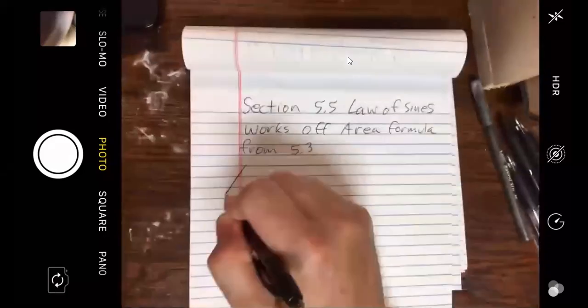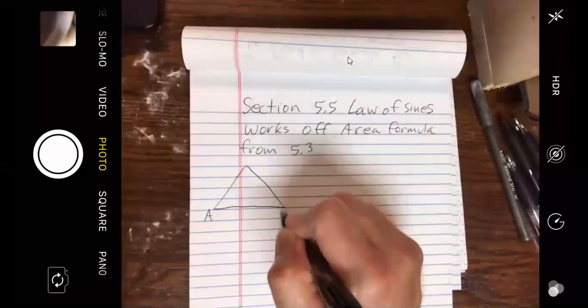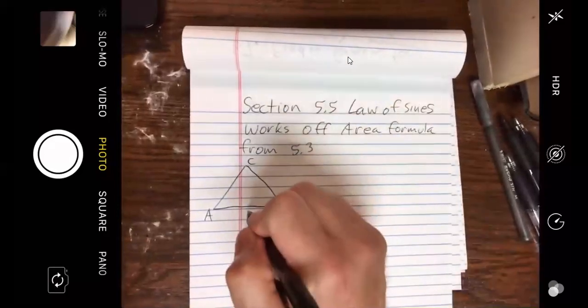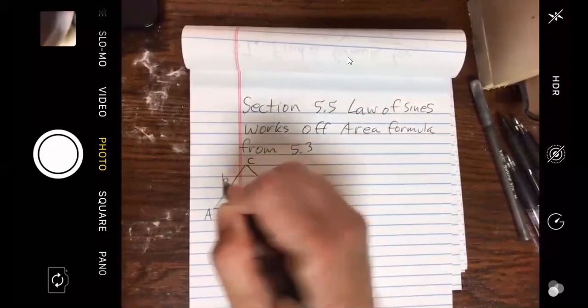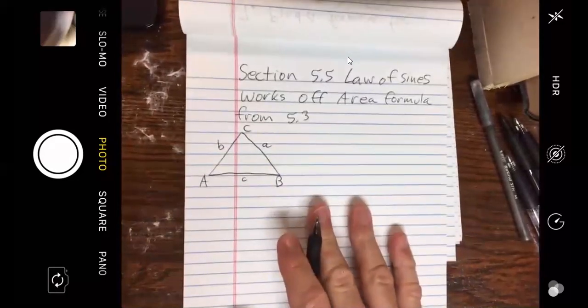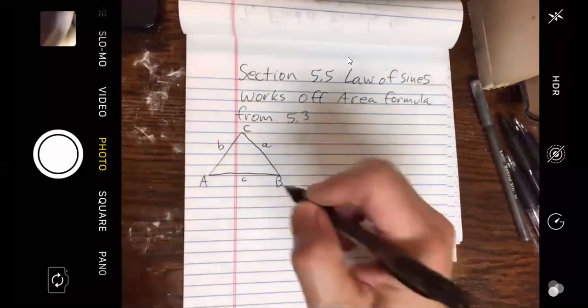Okay, here's how it works. I'll draw their same picture. I think they put the A here, the B here, the C here, angle C. So little c, little a, little b, like this. So you can write 3 area formulas.